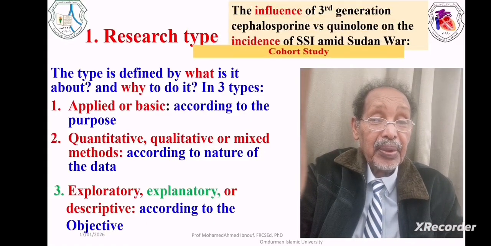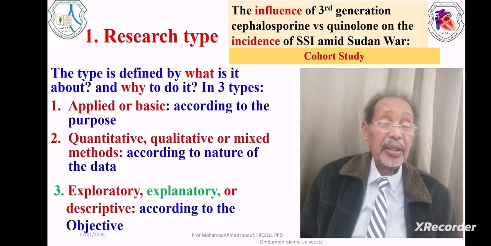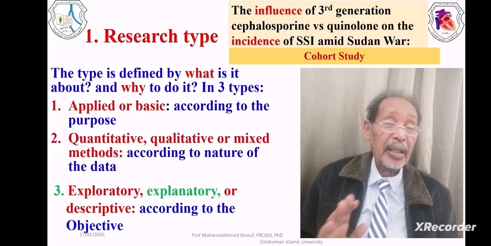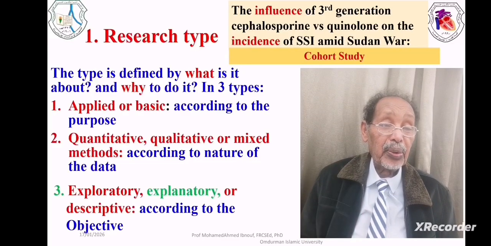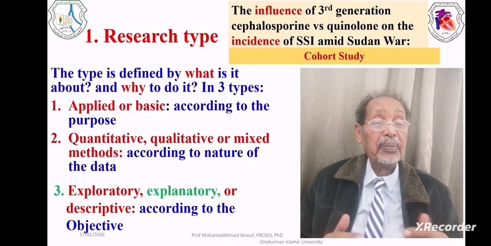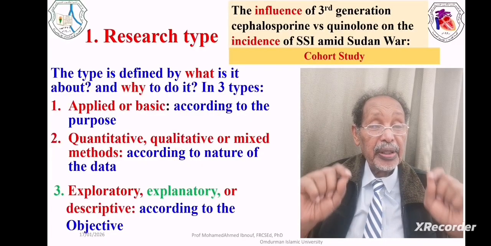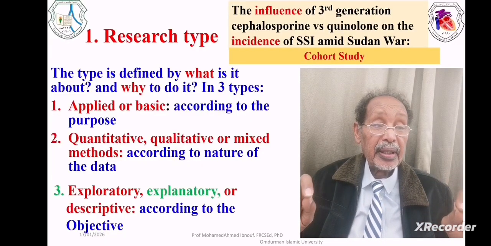The design will be a cohort study. A cohort study also, I will speak in another video in details about the cohort study. It could be prospective, but most of the time it is retrospective. However, it could be hybrid, part of it retrospective and part of it prospective. And usually start with exposure.